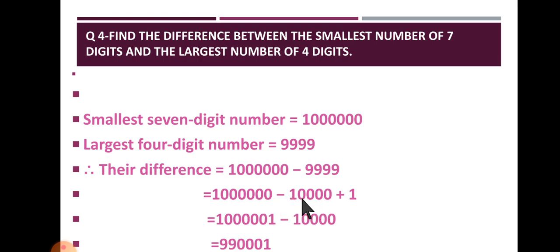So we will subtract 10,000 from the smallest 7 digit number. Then we add, because of the BODMAS rule, first of all we do the addition. Our 7 digit smallest number is positive and this one is also positive. First we add these two numbers, then we subtract.